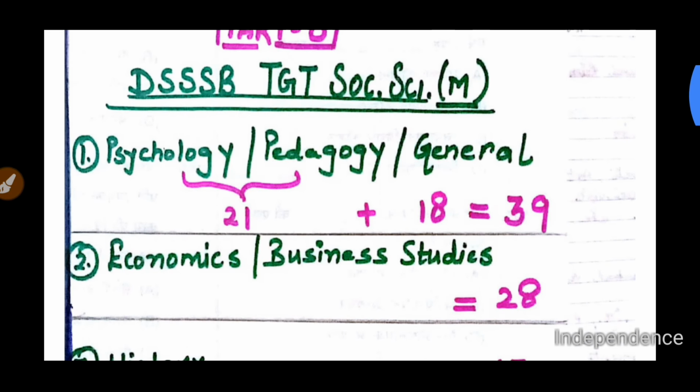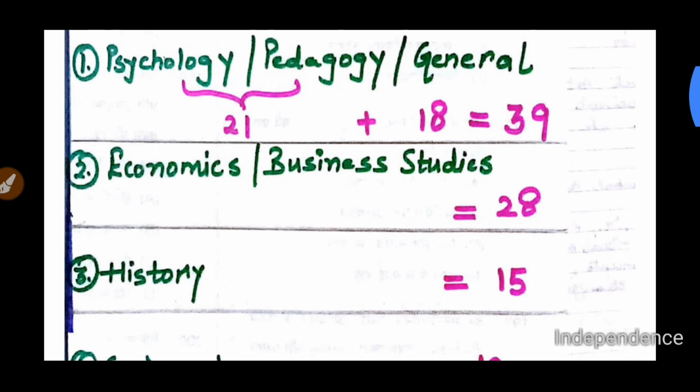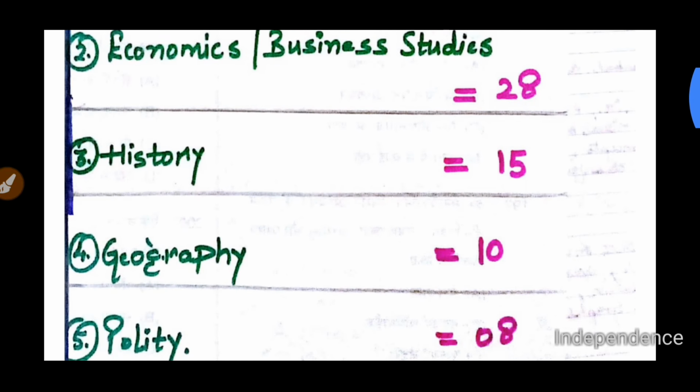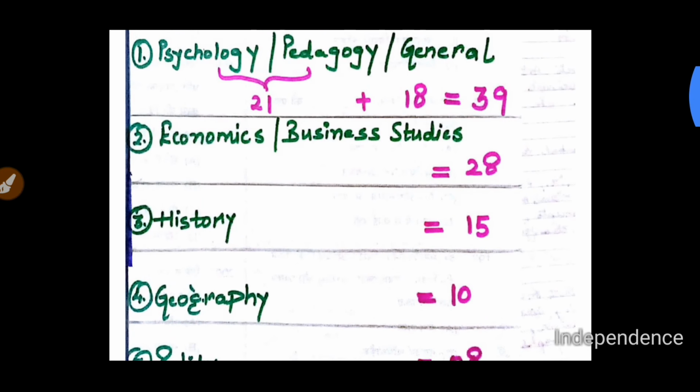So, part B of the TGT Social Science Male exam, I have analyzed and split up the paper into what sections of social science the questions came from. I will be telling you how many questions came from which part of social science.